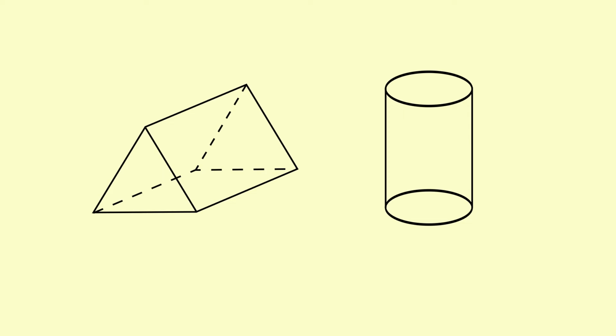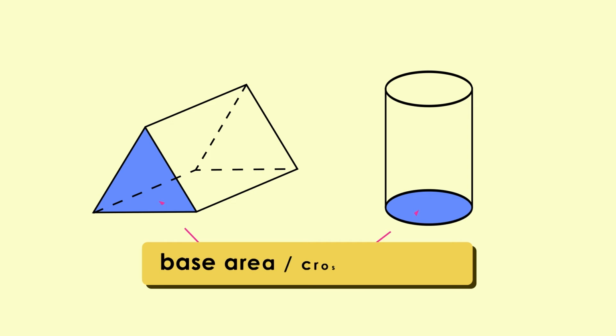We can determine the volume of these solids by using the formula base area multiplied by height. Notice the shaded area of the prism and cylinder. It is known as base area or cross-sectional area.